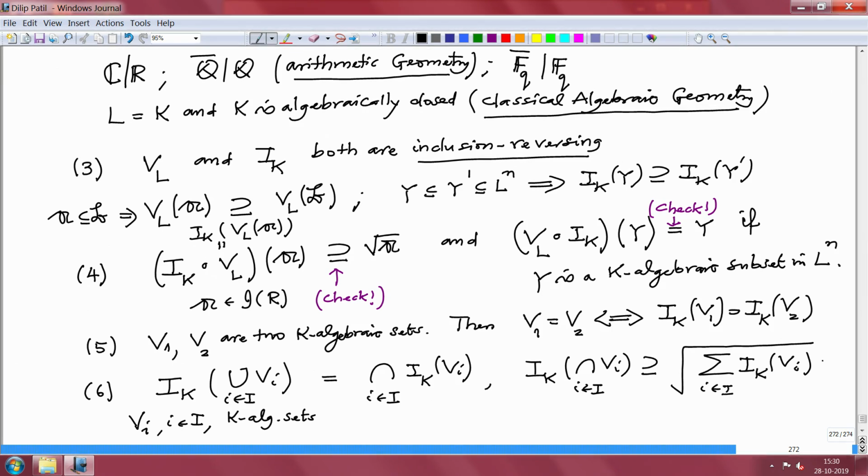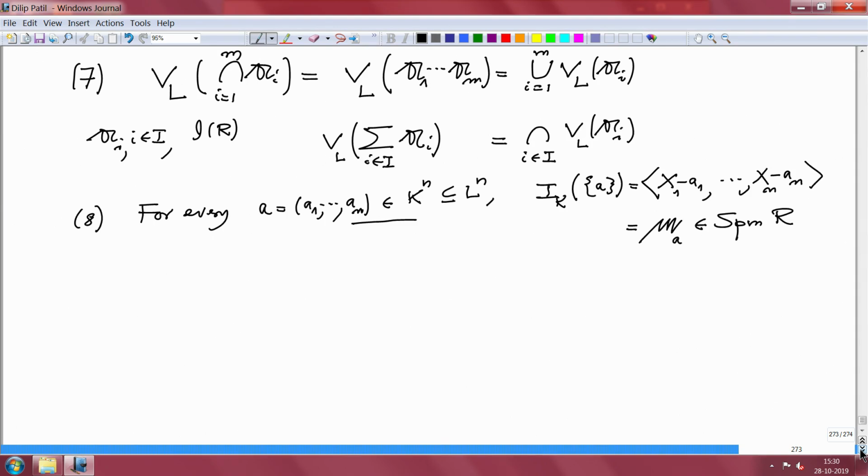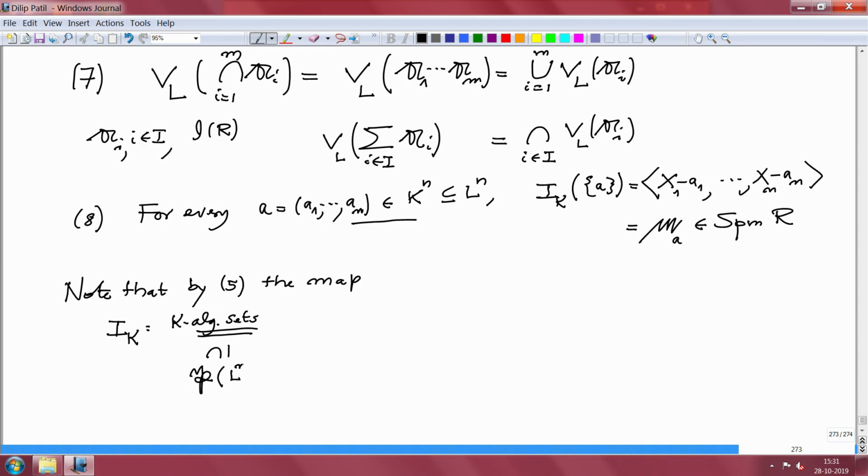But I will note, therefore, by 5, the map I_K, I am thinking of it as a map from the set of all K algebraic sets, which is a subset of P(L^n), to radical ideals in R. This map is injective. This is by 5. That is precisely one thing.